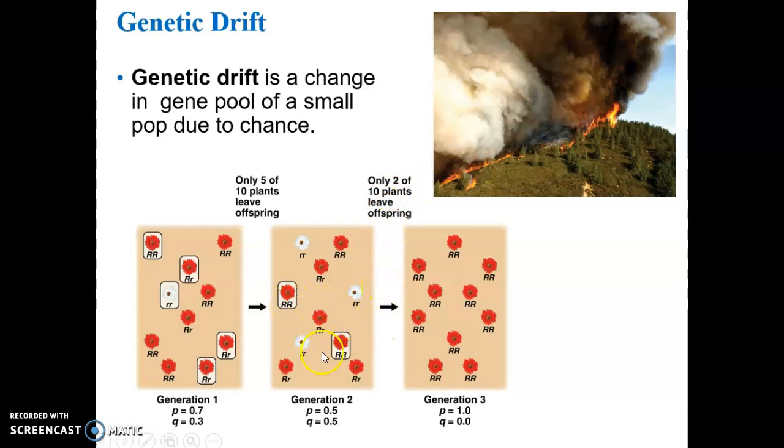Now notice that these individuals by chance happen to have dominant alleles, and in the surviving members of the next generation of the population of these flowers, there's clearly been a change in the distribution of the alleles. In fact, the recessive allele has gotten wiped out by chance. So this is referred to as genetic drift, and it has its biggest effect on small populations.